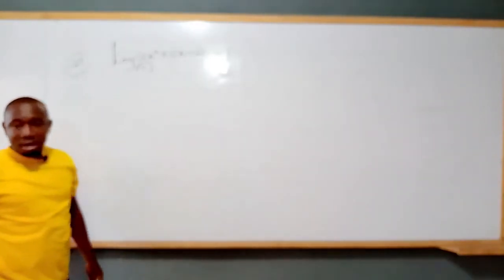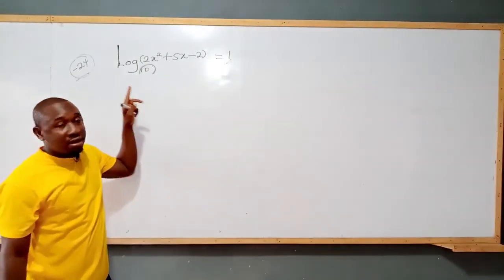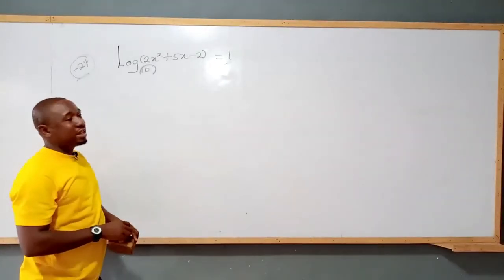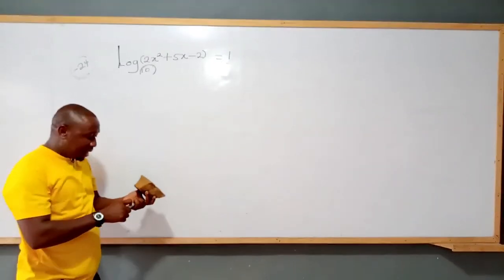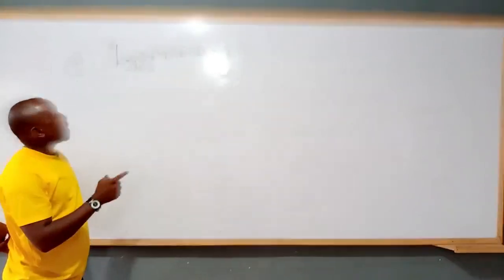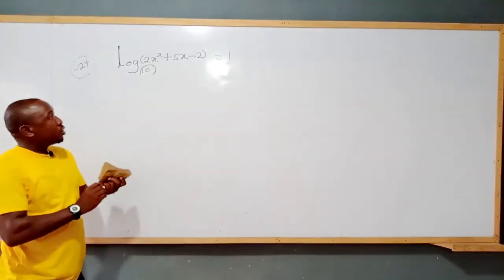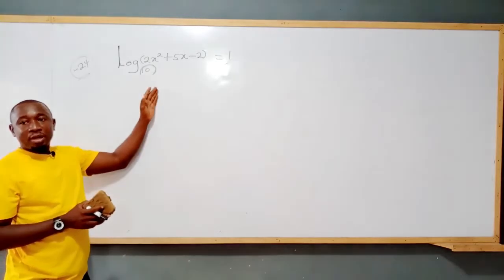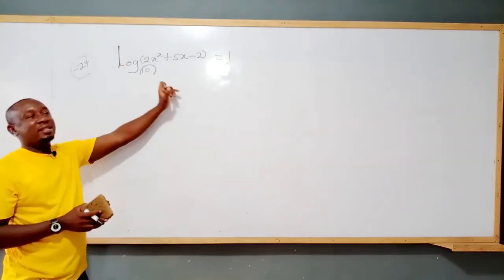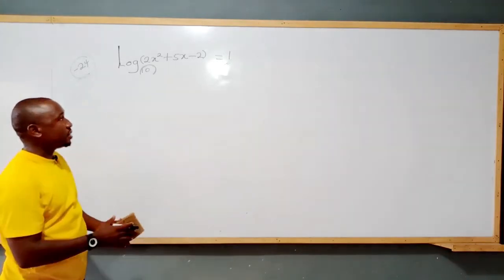If we are not able to get 1, it means our answer would be considered as not right. So every time after solving any question involving equations, it is better you substitute the answers to find out whether you'll be getting the same thing at the right hand side.